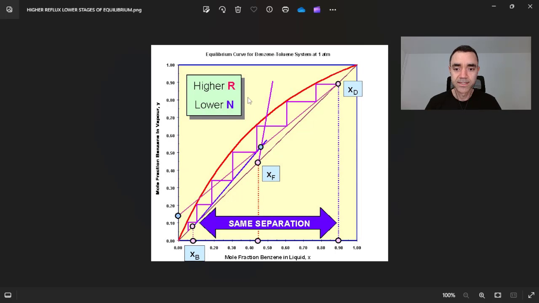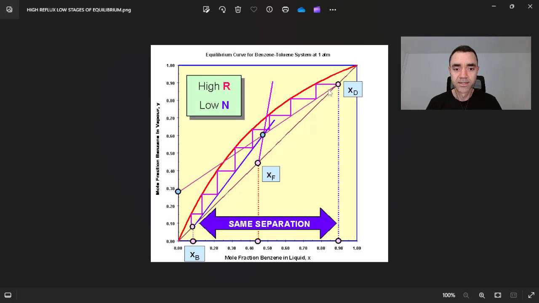If I increase the reflux ratio, I am going near to the total reflux ratio line, and my number of stages of equilibrium decreases because now I have more space to do the horizontal and vertical lines here in my graph if I use the McCabe-Thiele method.